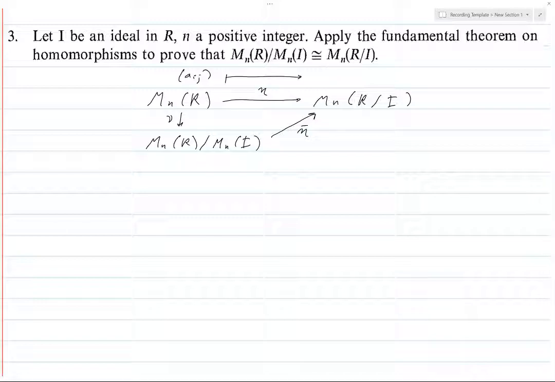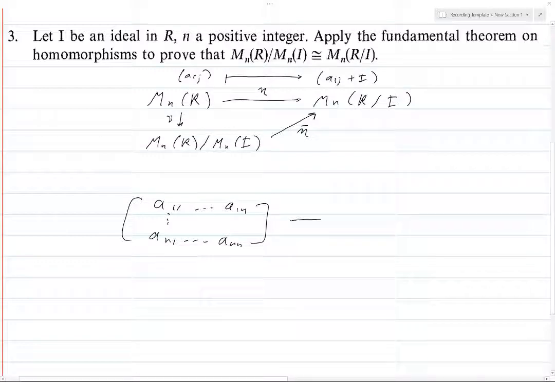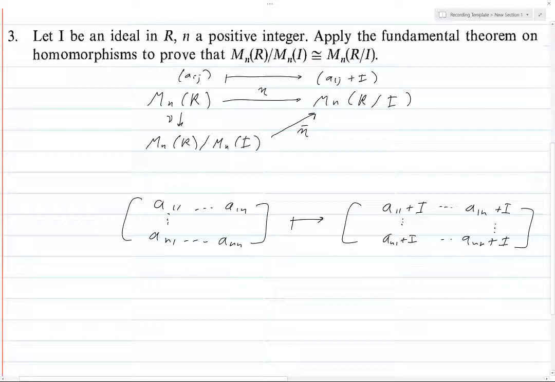And so the natural thing to think of is a_ij plus I. So basically what this does is you take the matrix a_11 through a_1n, a_n1 through a_nn, and you map this matrix to a_11 plus I, a_n1 plus I, a_1n plus I, a_nn plus I. So this is our actual map eta, and this is what we want to prove gives rise to eta bar being an isomorphism.